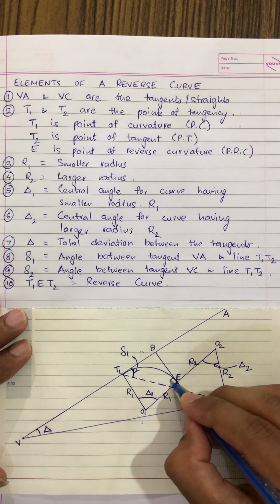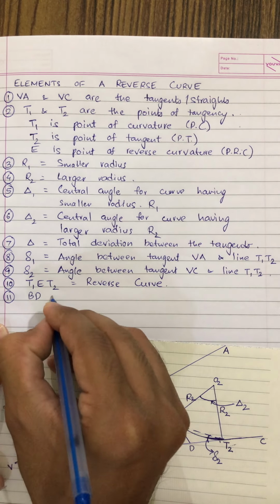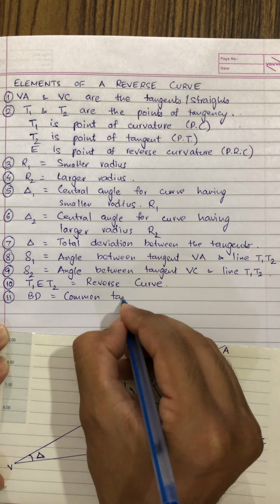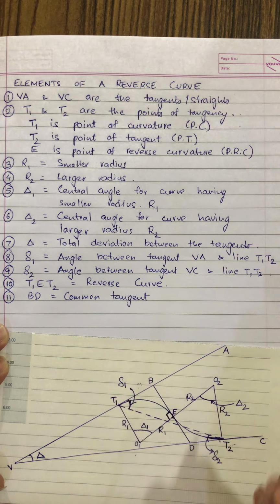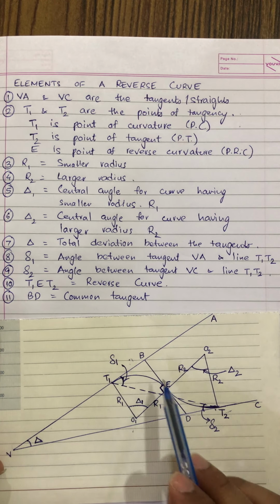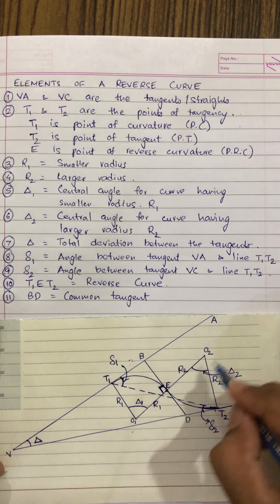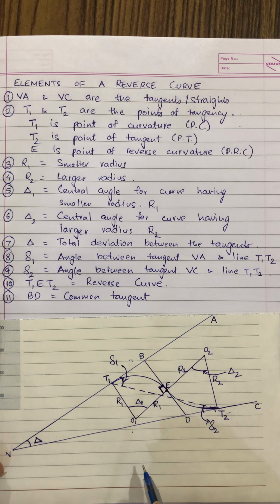It is the common tangent. Line BD is actually the common tangent to both the curves. So BD is the common tangent. Okay, so here this will be actually perpendicular to this line O1, O2.